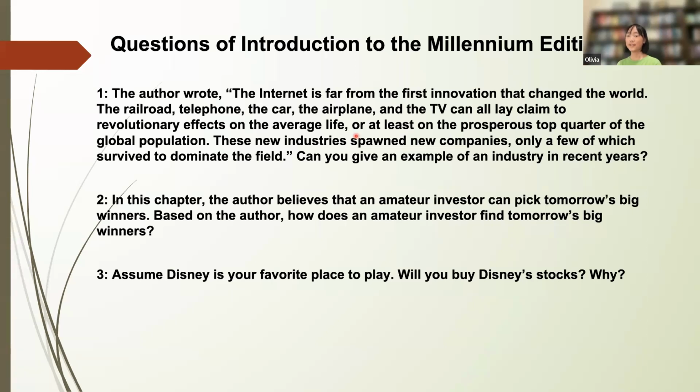Based on the author, and this is one of the main topics of this book, how does an amateur investor find tomorrow's big winners? Okay, so I'm just going to answer that question. An amateur investor can find tomorrow's big winners by just looking around themselves.